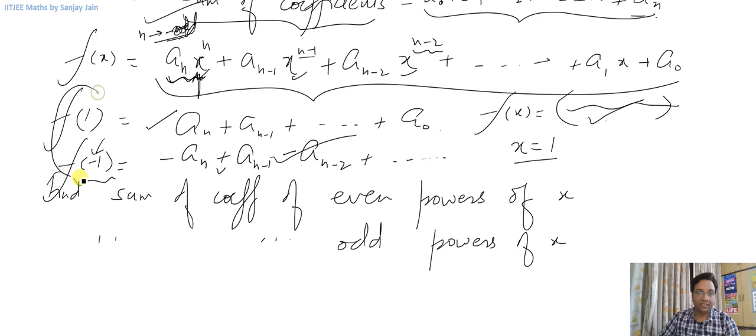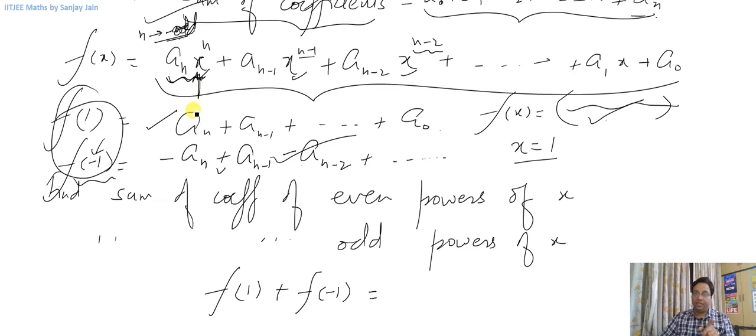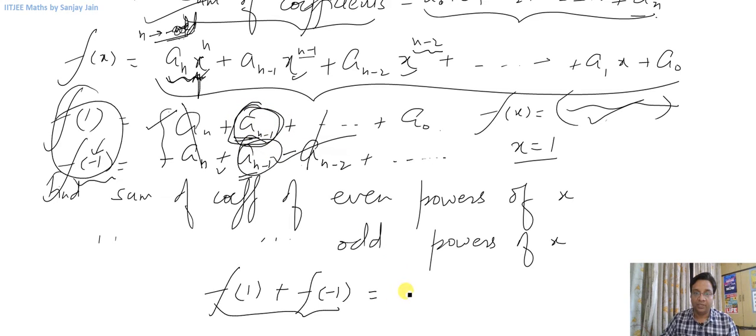Now if I add these two, f of 1 and f of minus 1, what will I have? Every term that has odd powers of x will get cancelled. Only the coefficients with even powers of x will be there in this result, but these will be 2 each, so it is twice the sum of coefficients of even powers of x.